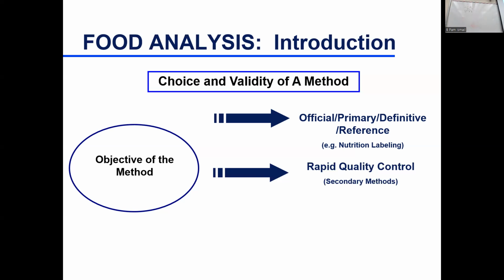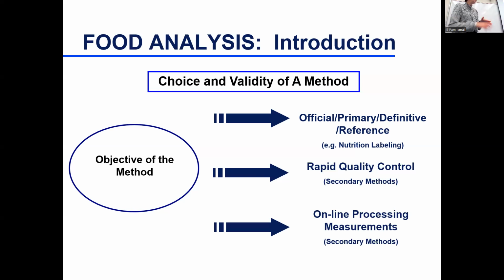Secondary methods are calibrated by time, and they're usually fast. So this is similar to if I'm online and I need to measure moisture content, acid content, protein content while I'm producing. That also relies on fast methods, and we call them secondary methods that are calibrated by a primary method.